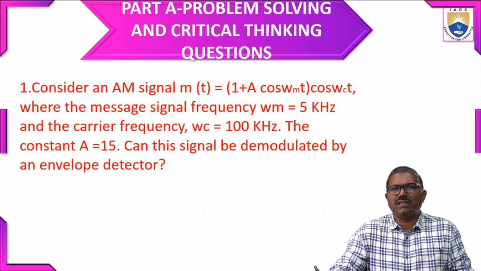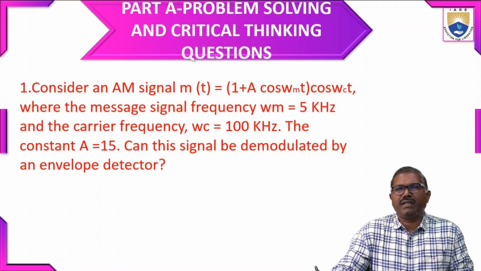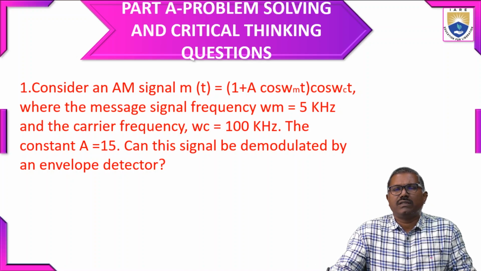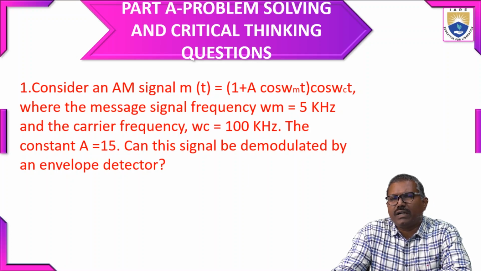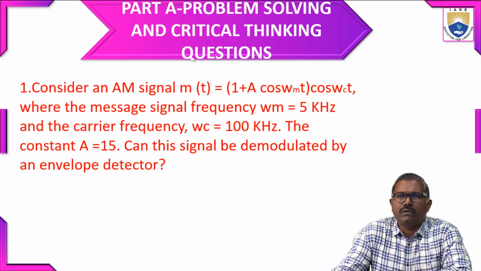The constant a is equal to 15. Can this signal be demodulated by an envelope detector? So here, what are the parameters required for demodulating a signal using an envelope detector? This is the concept of this problem.